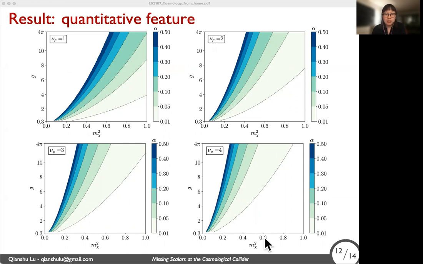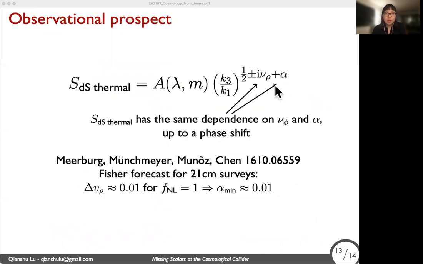Okay. Now, as you probably have noticed, in all these plots, I have restricted the range of alpha to be between 0.01 and 0.5. And the reason for choosing that range is from our preliminary Fisher forecast analysis. So coming back to the form of the inflaton 3-point correlation function, it has a similar dependence on alpha as its dependence on mu rho. The dependence simply differs by a phase.